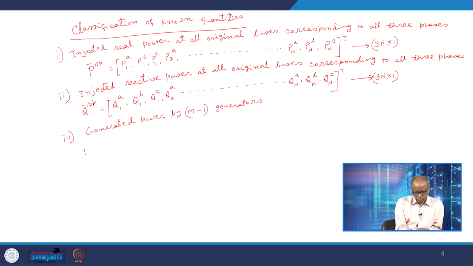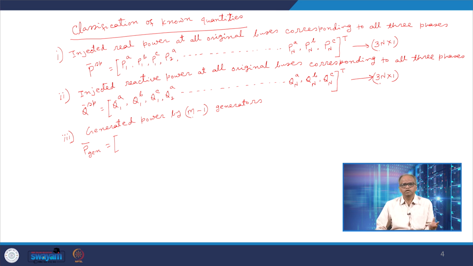So we denote it as the P gen vector. Here we are taking one convention: all the generators, that is all m generators, are connected at the first m buses of the system.